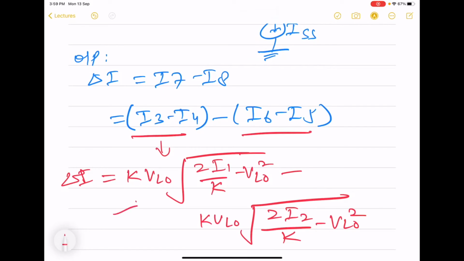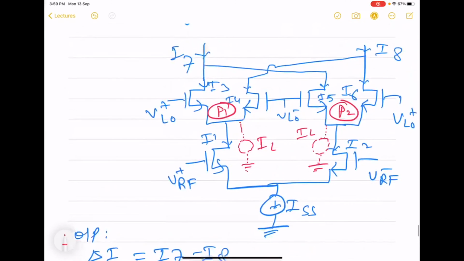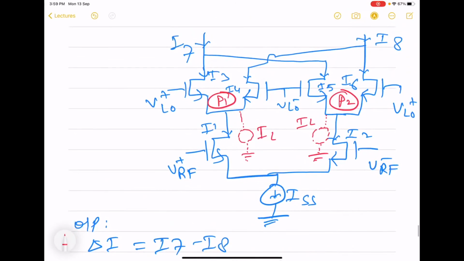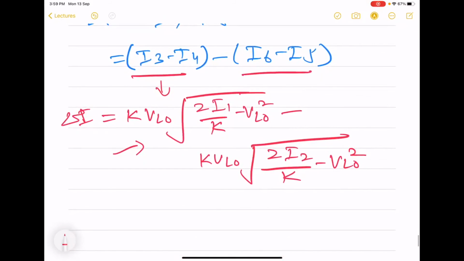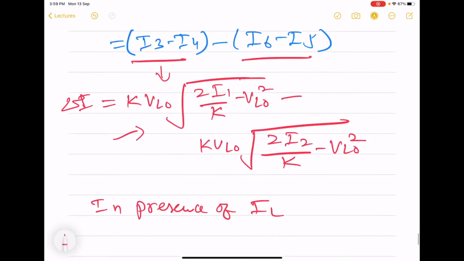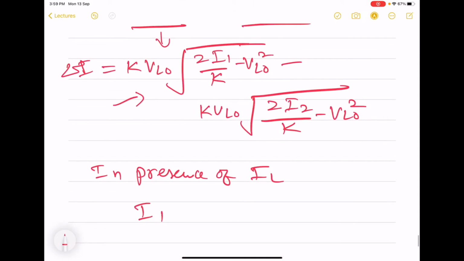But this is the scenario when we have the usual differential pair. That means this IL is not there. Now once we have IL, what will happen is, in presence of IL, the I1 gets modified to I1 dash, where it is I1 plus IL.